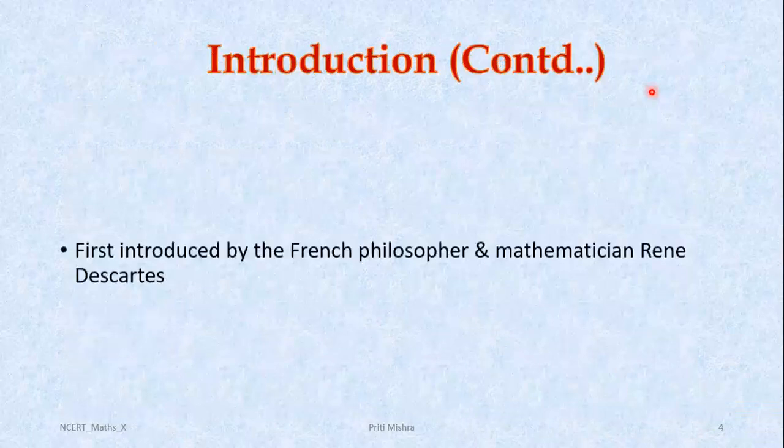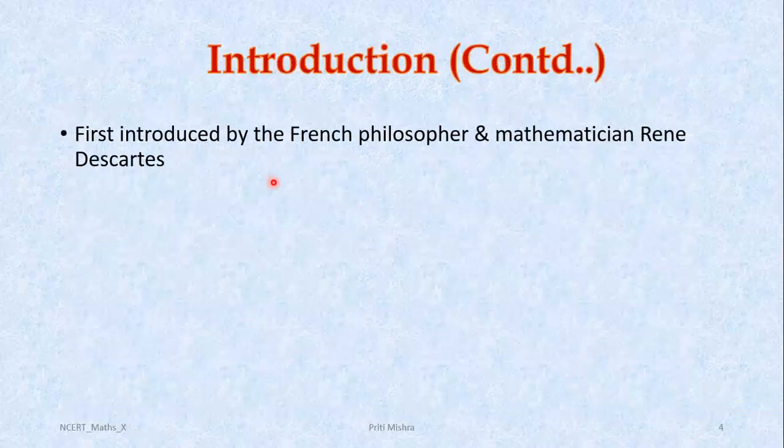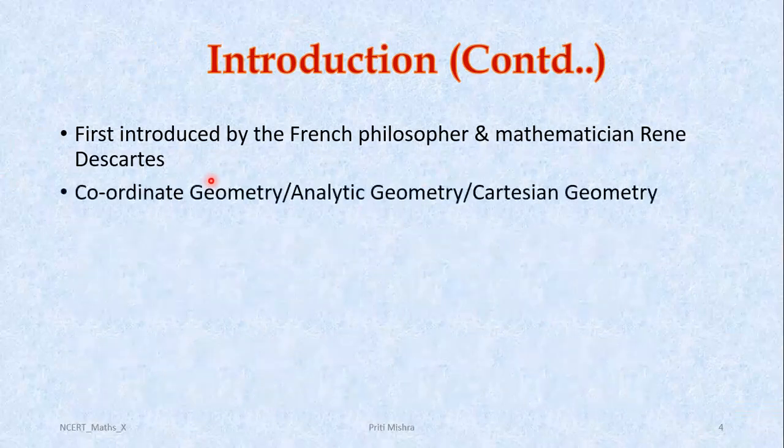Coordinate geometry was first introduced by the French philosopher and mathematician René Descartes. Coordinate geometry is also known as analytic geometry or Cartesian geometry, we call it on the name of René Descartes.